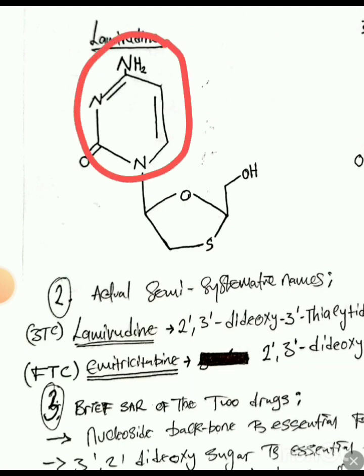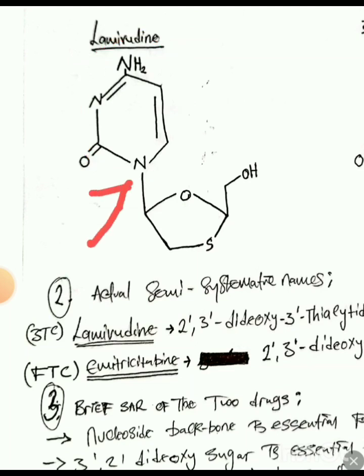So we begin by drawing cytosine, and then at carbon 1, this nitrogen here, we attach a sugar. So we start counting 1 prime here, 2 prime, 3 prime, and then 4 prime. 5 prime is on there.